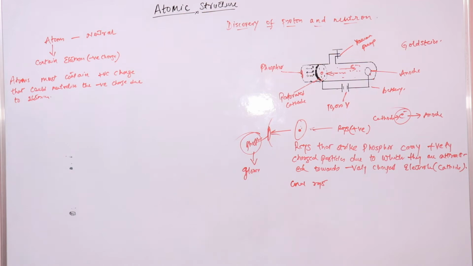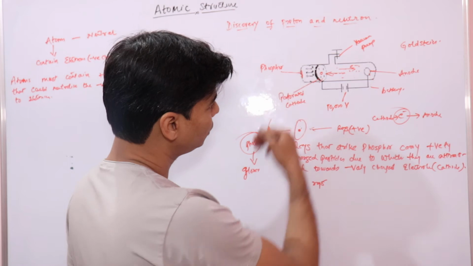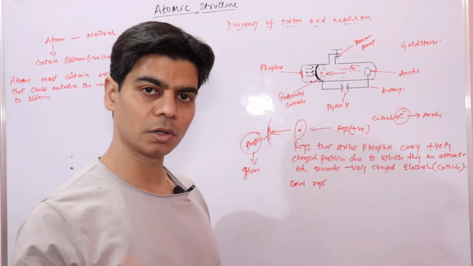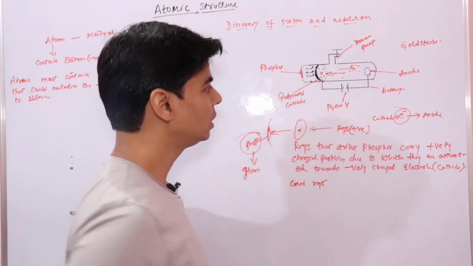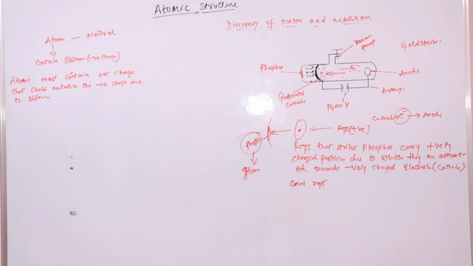These holes are canals, right? So Goldstein called these rays canal rays.